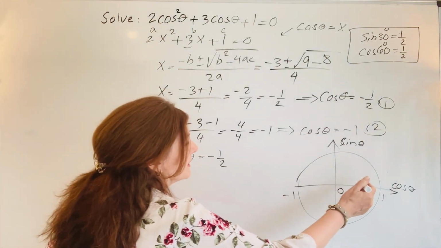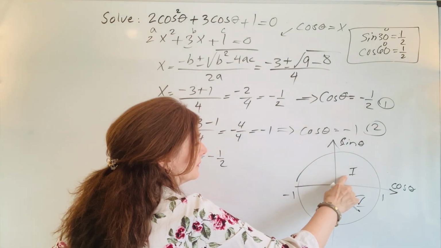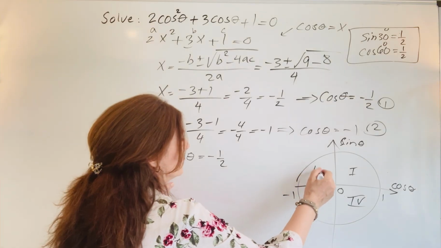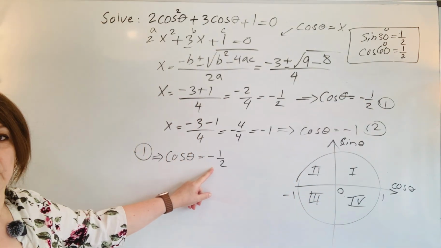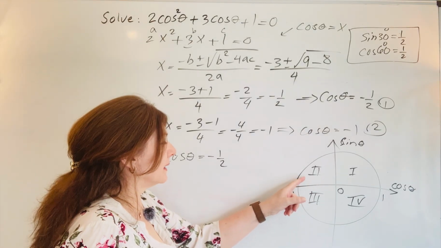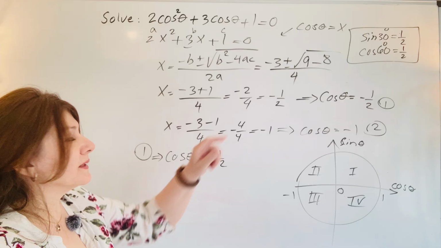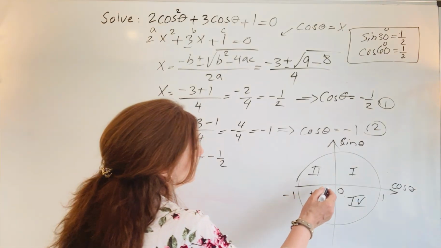Cosine is positive in the first and fourth quadrants, but in the second and third quadrants cosine is negative. So the angle must be there. The reference angle is 60 degrees.